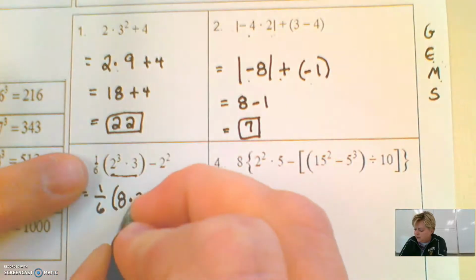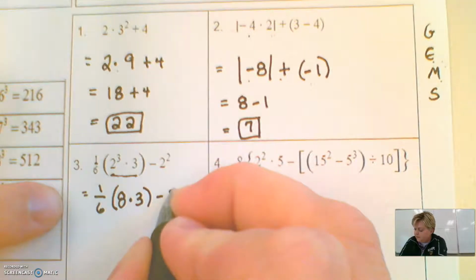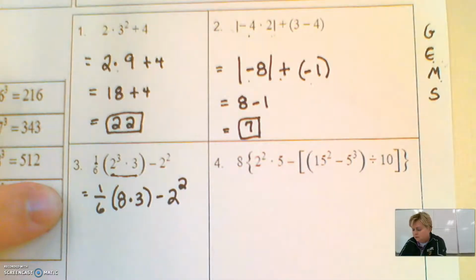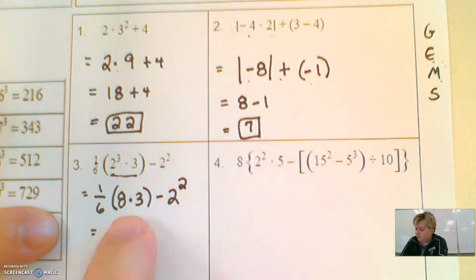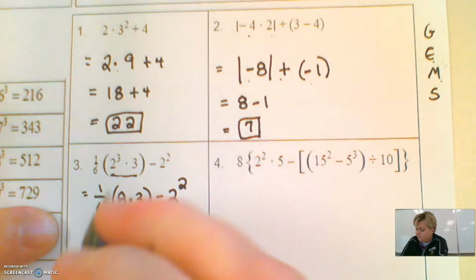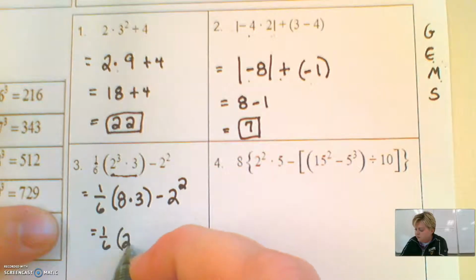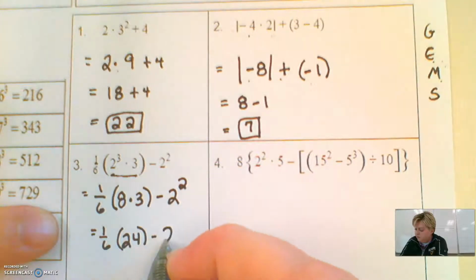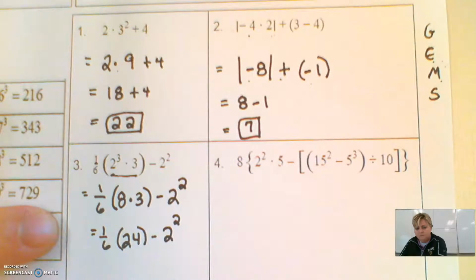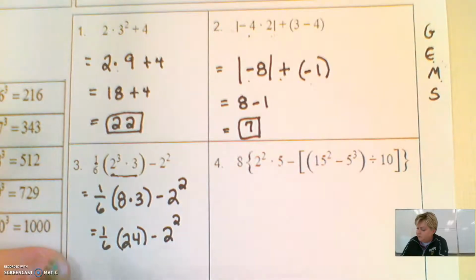Bring down the times 3, minus 2 squared. You still have a group, you're multiplying. 8 times 3 is 24. Everything else comes down. All right, no more groups. When you have two things side by side, that means to multiply.